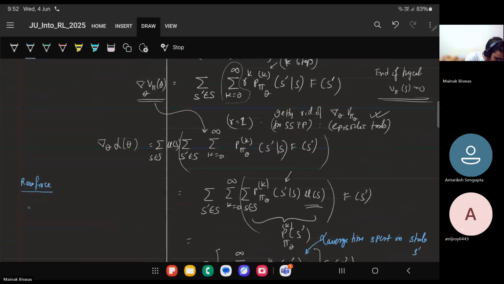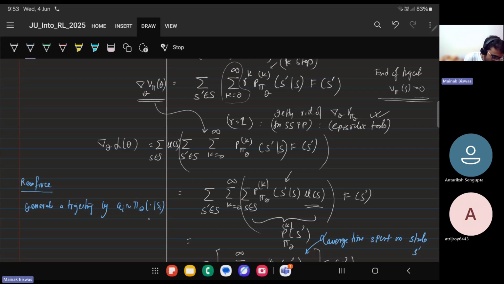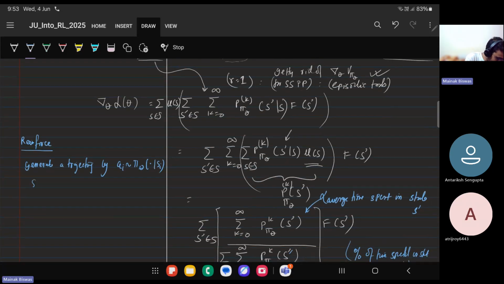REINFORCE: generate a trajectory by sampling A_i based on state S_i. So you get a trajectory S0, A0, reward of S0, A0, S1, A1, and so on. Correct?